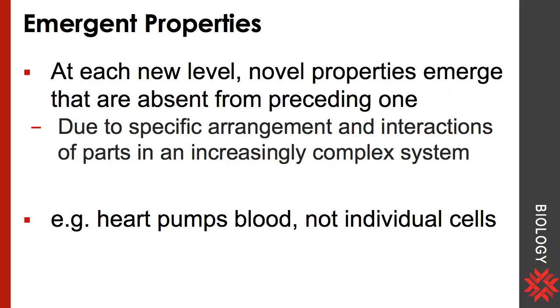Well, an important aspect to talk about then is emergent properties. Emergent properties are new properties that only emerge as complexity increases. If you look at individual heart cells, those individual heart cells are not able to pump blood. One individual cell cannot pump blood through your body.